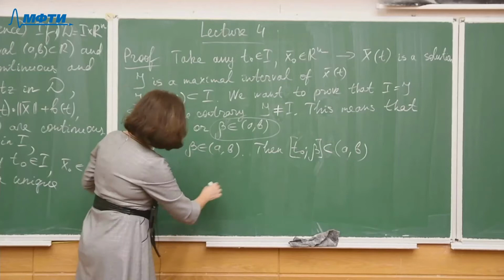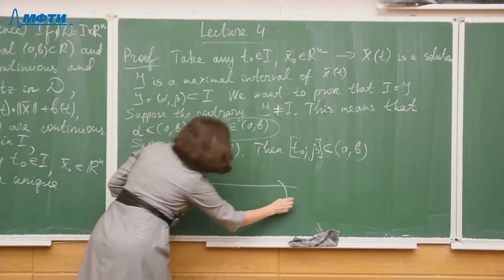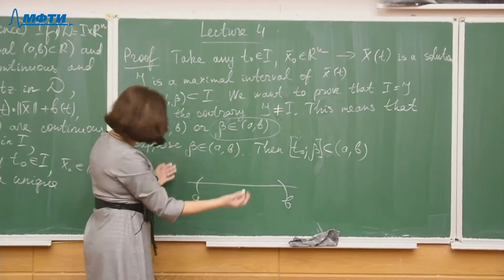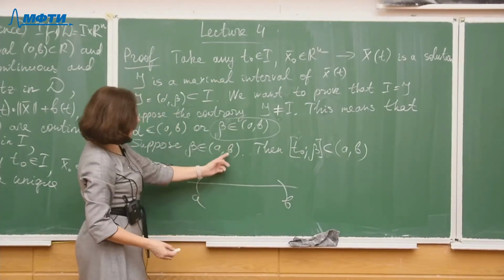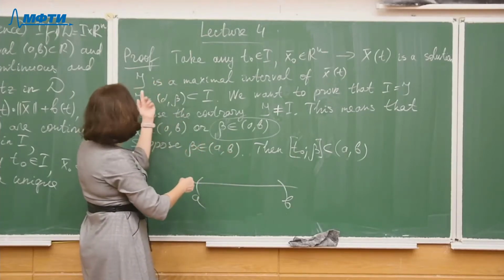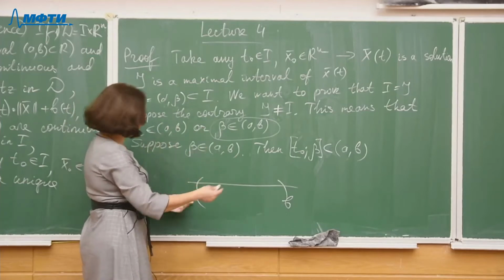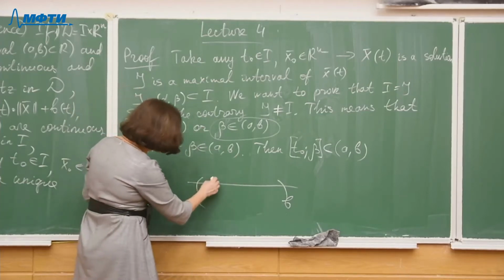So what does it mean? We have the interval (a, b). We can't go away from this interval because our function is defined only for t from this interval. So J can't be larger than the interval (a, b). So it is inside (a, b), right?